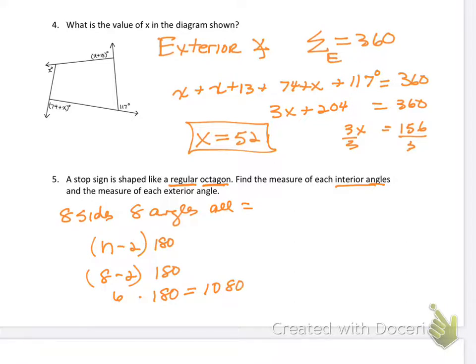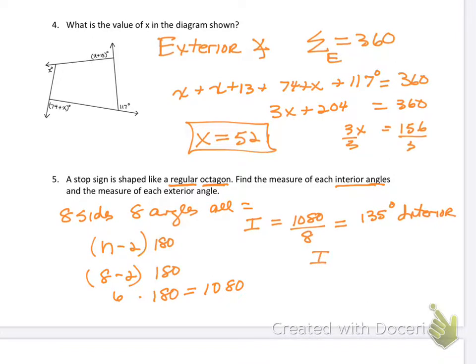Since every single angle is going to be exactly the same, I can find my interior angle by saying the sum divided by the 8 angles inside, and my interior angle ends up being 135 degrees. So this is interior.